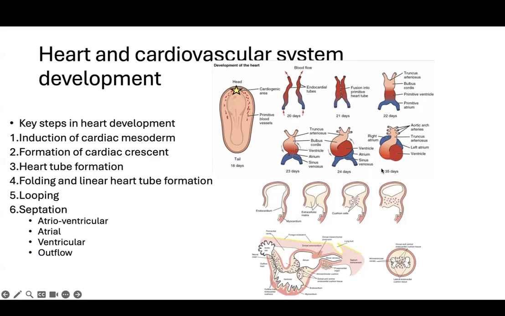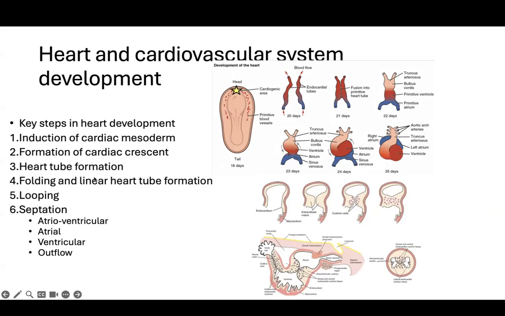As we see the heart taking more of its shape, we can see how the structures differentiate. The truncus arteriosus eventually will become the aortic arch, and we've got the venous supply, the sinus venosus, over here, which is going to be the IVC and SVC, and we've got the chambers forming.